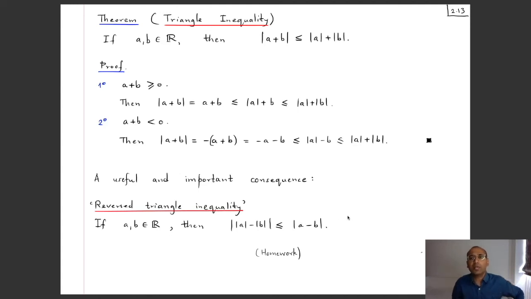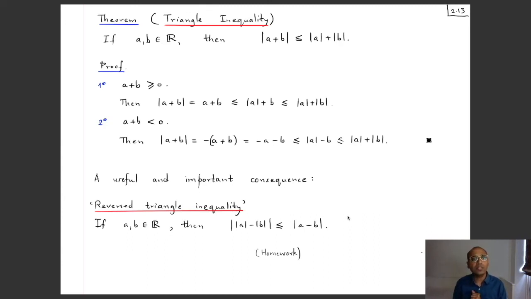Right now, of course, it might be a bit of a mystery as to how exactly we use this, but we will see that in the chapters on limits and convergent sequences, we will often have to estimate things, and also in the chapter on continuity, and there these two inequalities are indispensable. So it's very important that we memorize them, and also we will see how to use them over the weeks.